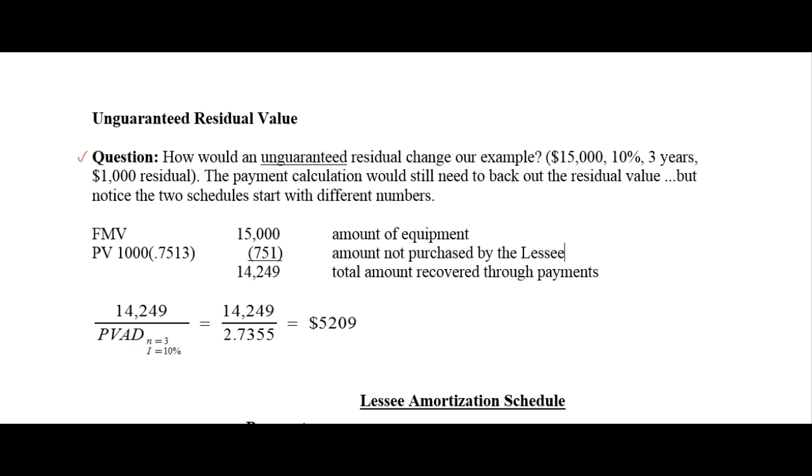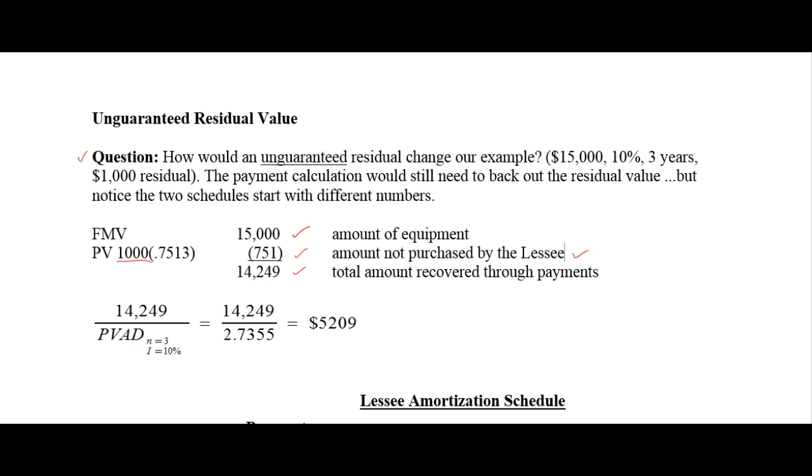The payment calculation should look pretty familiar to you by now. The amount of the equipment is $15,000. We back out the present value of the unguaranteed residual value at the end of the 3-year lease, and we come up with an amount that is to be recovered through payments. The difference is this time that present value of the $1,000 is treated as though the lessee did not purchase that part of the equipment.